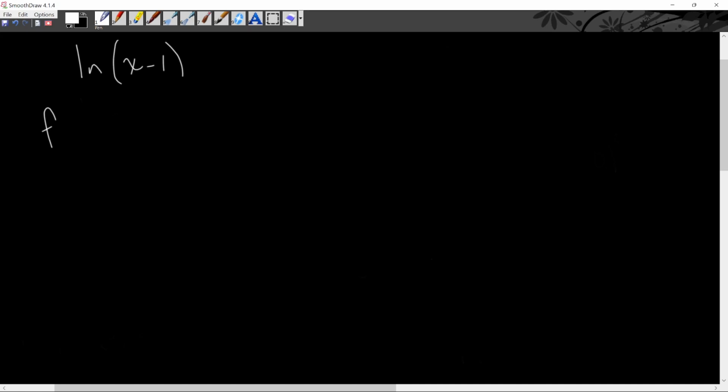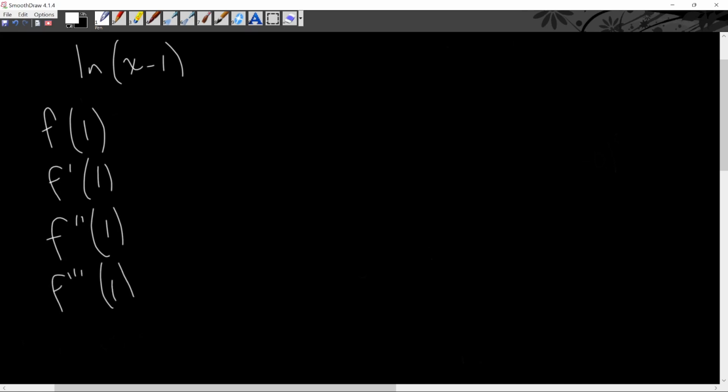So this is going to be centered at x equals 1, which means we have to do f of 1, f prime 1, f double prime 1, f triple prime 1, and then the fourth derivative of f at x equals 1. So let's do this, right?